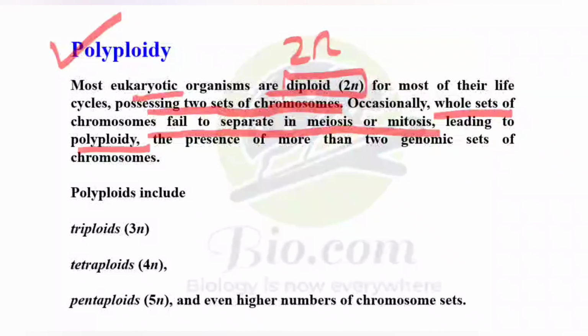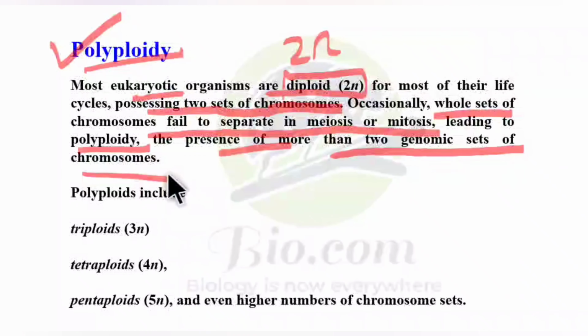We have just now read that when there is a change in the whole chromosome set, either an increase or decrease, it is known as polyploidy. And when there is a numerical change in an individual chromosome, it is termed aneuploidy. So the presence of more than 2 genomic sets of chromosomes is termed polyploidy. So polyploidy includes triploids, that is 3n, tetraploids and pentaploids.